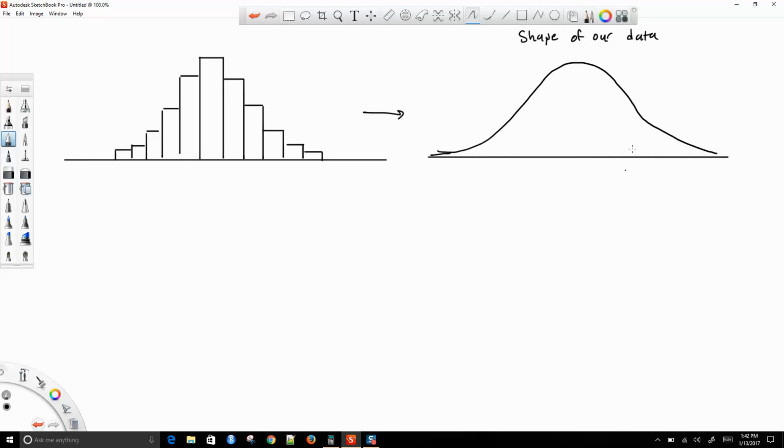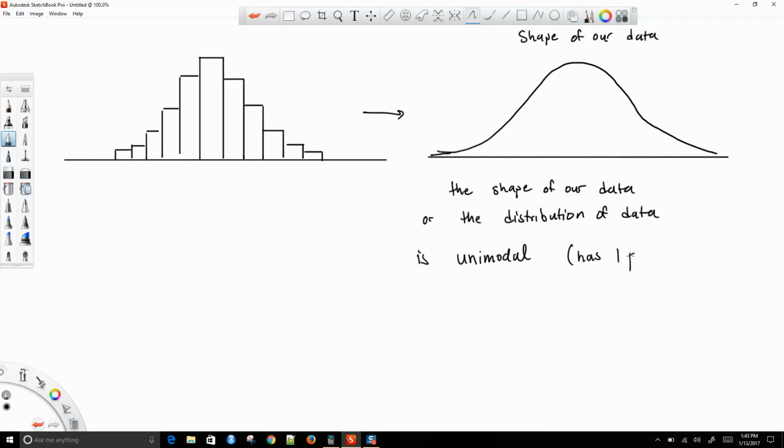In this case, we would say the shape of our data, or the distribution of our data, is unimodal. Unimodal means has one peak, and symmetric.